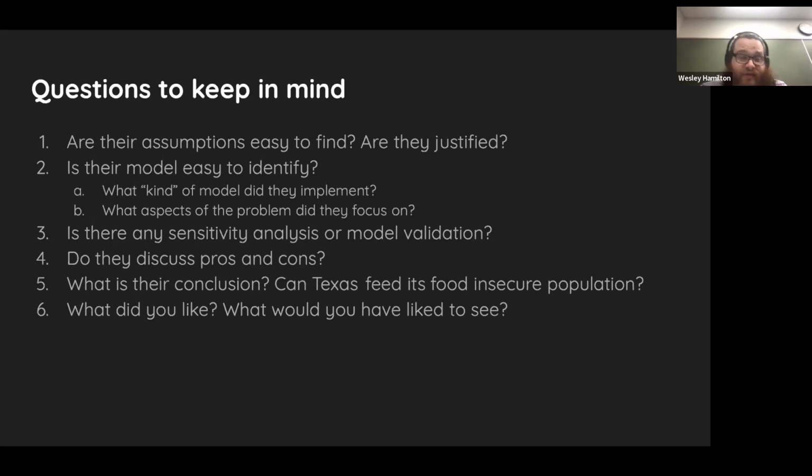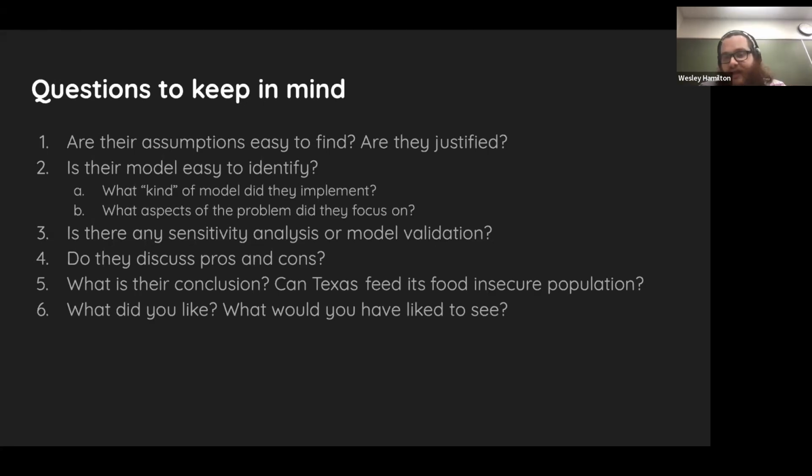For a lot of these, maybe the most important thing is, what is their actual conclusion? Because part one is asking, can Texas or these other states feed their food insecure population using the wasted food? That is the question M3C is asking. So in each of these submissions, this should really be the main thing we're looking for.